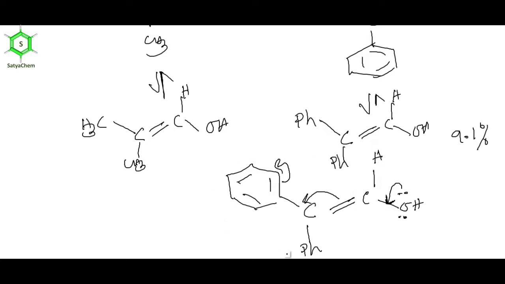This electron delocalization stabilizes the enol form, and this type of electron delocalization is not possible in the first example. So that is why, if you introduce an aryl group at the alpha carbon of a carbonyl compound, then the enol content increases.